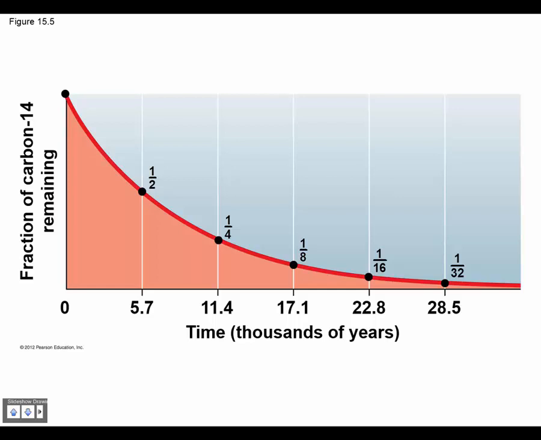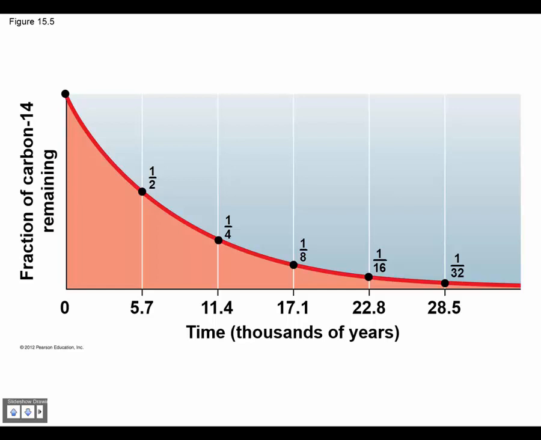So here's carbon-14. When we talk about the fraction of carbon-14 remaining, starting at zero time, you can see this exact decay of half to quarter to eighth to 16th. It's very easy to see, very easy to graph and date.